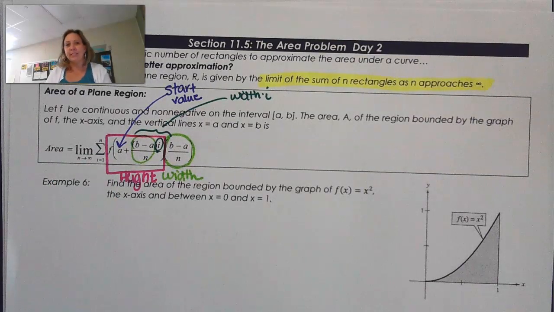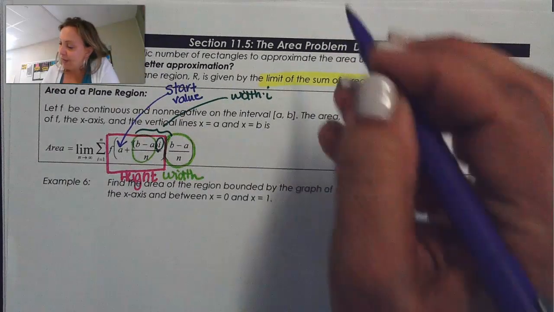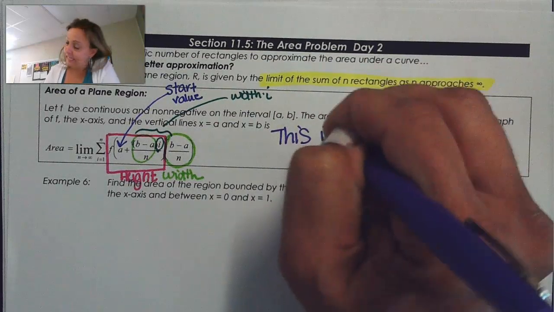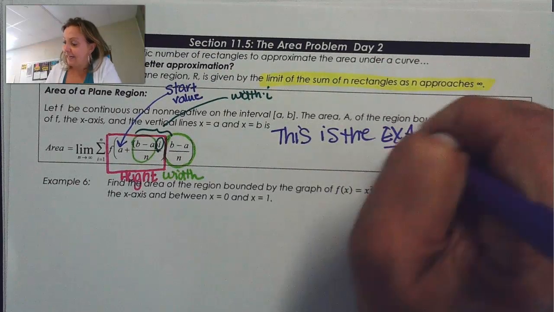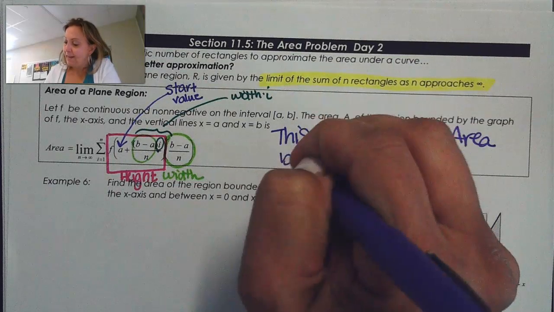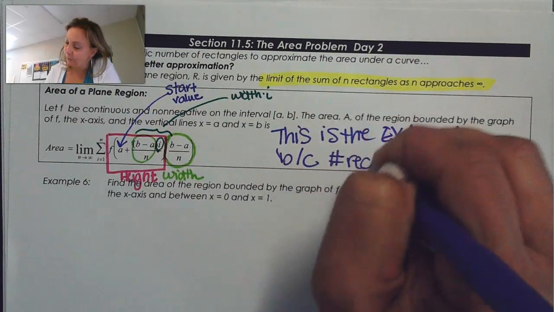When we were using a specific number of rectangles, that was the approximate area. But when we're able to use the limit as n goes to infinity, this is going to be the exact area. So we won't need the approximately equal to, and this is because the number of rectangles approaches infinity.